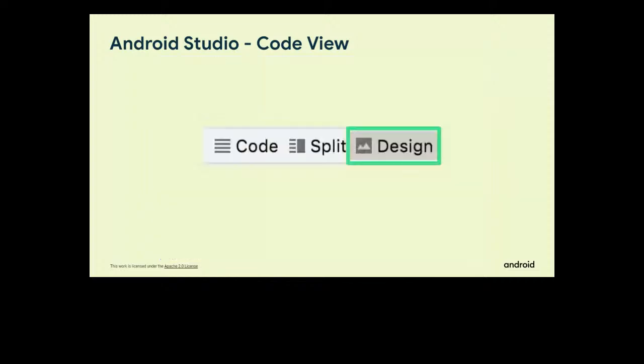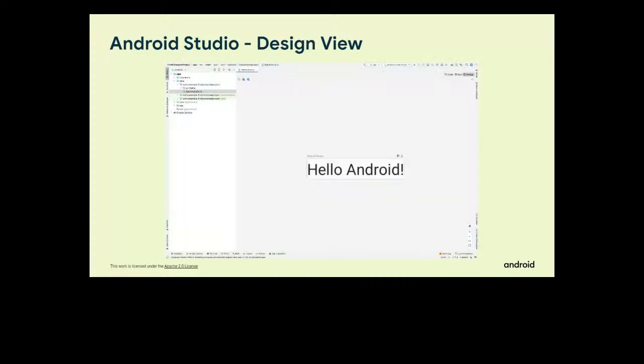On the top corner of this code view or the code tab, you will find three options. One is a code, one is a split option, and one is the design option. So if you go ahead and click on the design option, it will take you to a design view, which will essentially give you a preview of your Compose application. Now, you must pay attention.